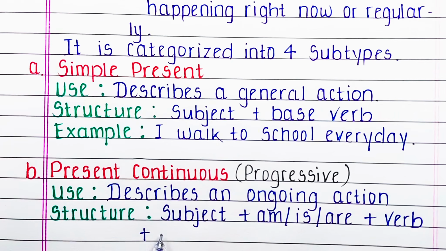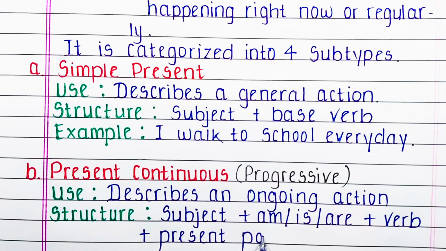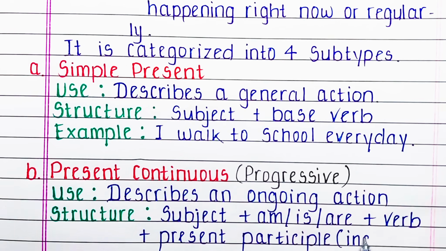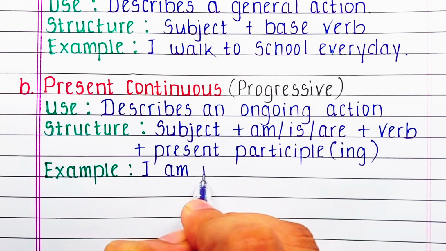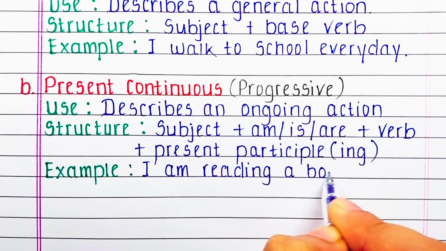Its structure must be subject plus am or is or are depending upon the noun plus verb plus present participle form. For example, I am reading a book.